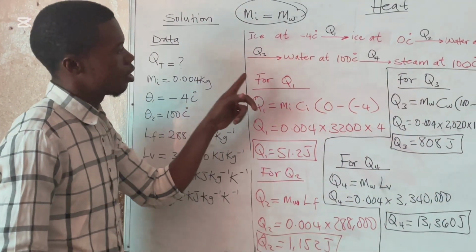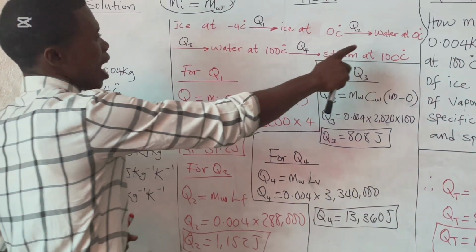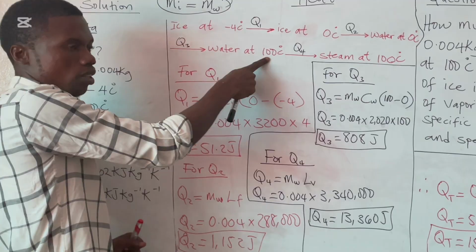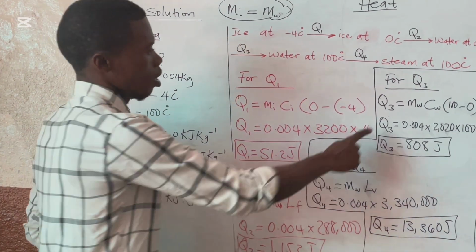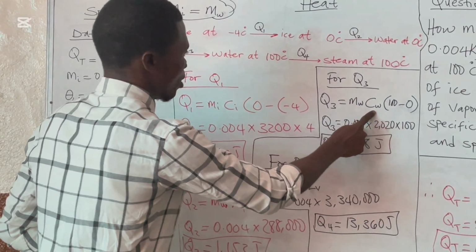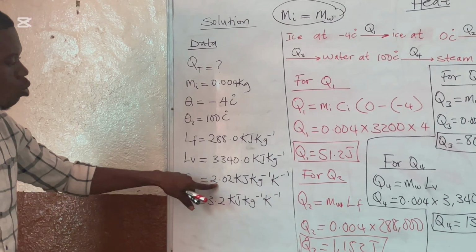Then we look at Q3. Q3 we are converting from water at 0 degrees to water at 100 degrees Celsius. So we see that there's a difference in temperature. It will be equal to the mass of the water times the specific heat capacity of the water. Specific heat capacity is 2.02.